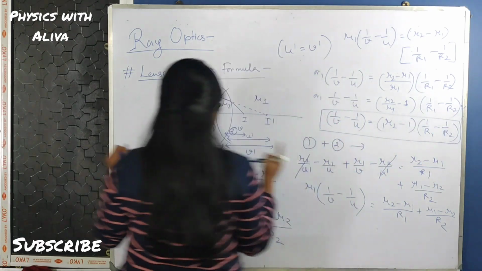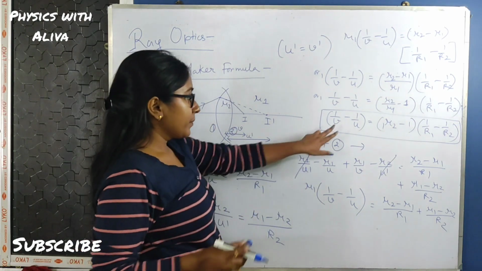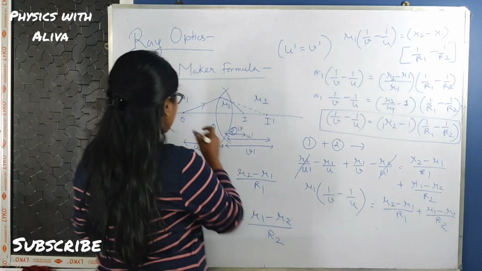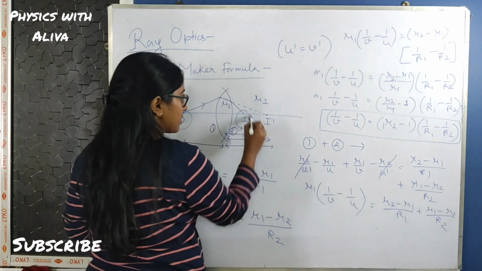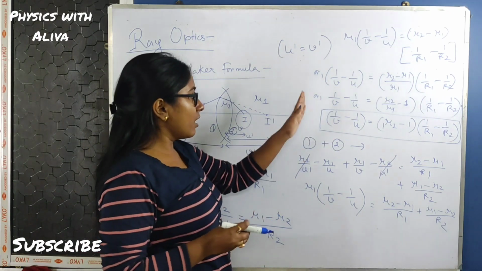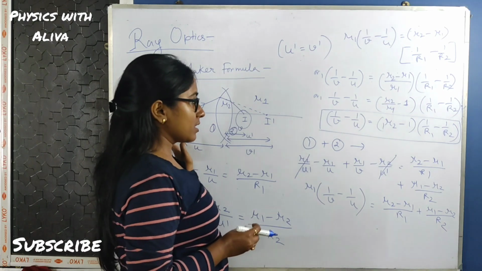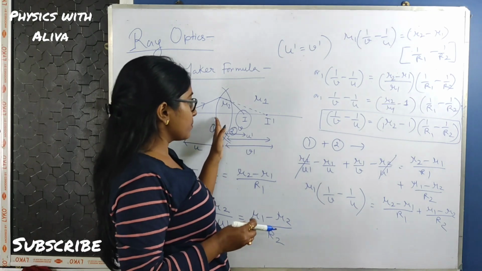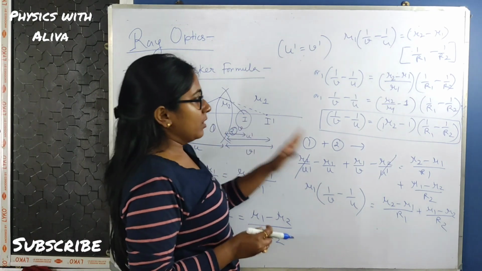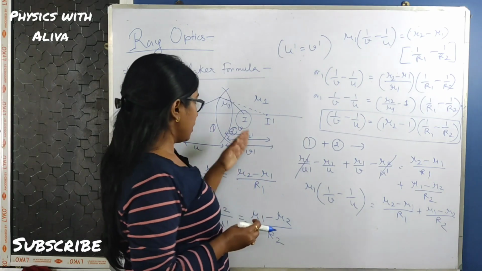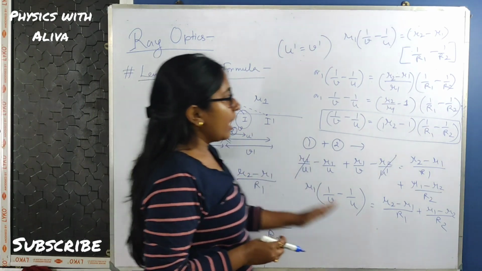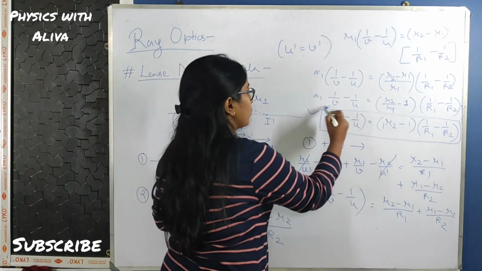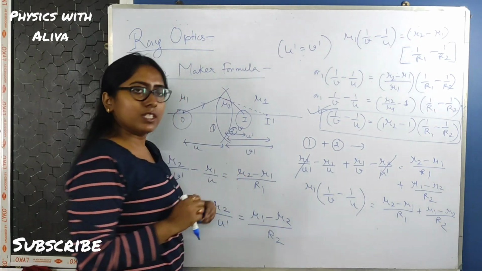It applies to the entire lens, where V is the image distance of the entire lens, not of a surface, U is the object distance, mu21 is the refractive index of the lens medium with respect to the outside medium, R1 is the radius of curvature of the first spherical surface of the lens, and R2 is the radius of curvature of the second surface. This is the derivation of the Lensmaker formula.